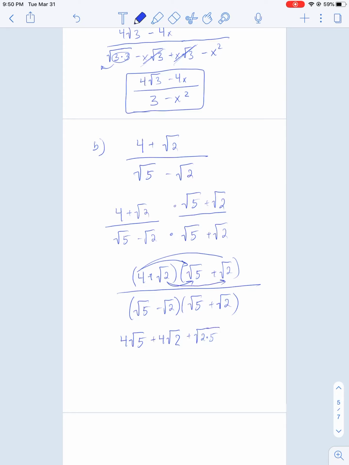I'm going to multiply those once again. Both are radicals, so both go on the inside. So that's our top part. Okay, bottom. Both of these have radicals, so we multiply the numbers inside. Both of these are radicals, so we're going to be multiplying those numbers inside.